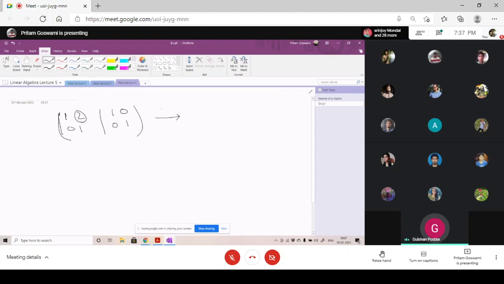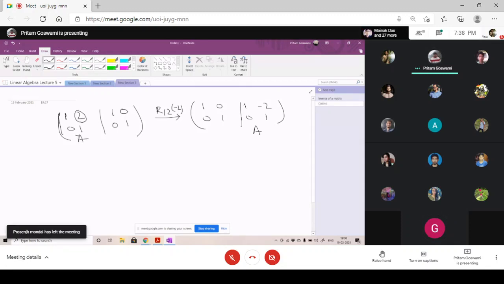Minus 2 times the second row, R1 minus 2 R2. And you will get 1 0 0 1, and here you will get this matrix: 1 minus 2 0 1. So this is the inverse of our initial matrix A. Clear?